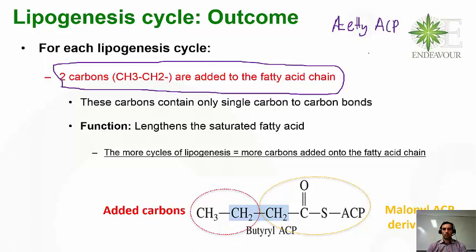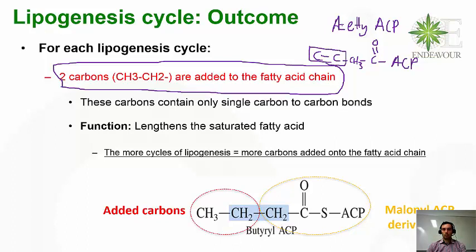So acetyl ACP had a CH3, C double bond O, and then we attach that to the ACP. By going through this whole reaction, essentially what we've done is we've added another 2 carbons onto this chain.